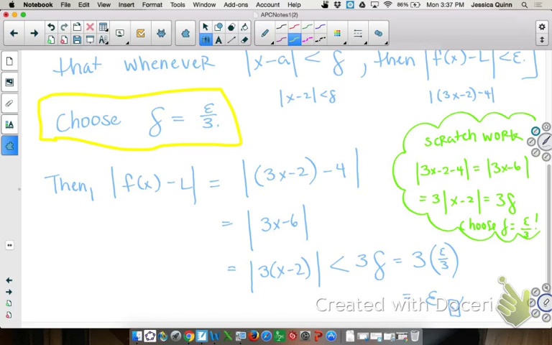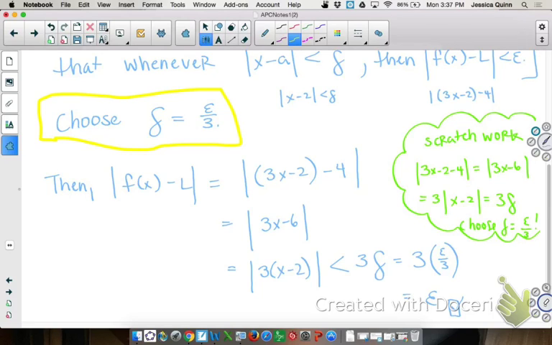So this is going to seem very familiar. If the absolute value of f of x minus L, when I plug everything in, equals the absolute value of 3x minus 2 minus 4, then when we simplify that, we get 3x minus 6. And then we simplify it to this next line here, and I've got 3 times the quantity x minus 2.